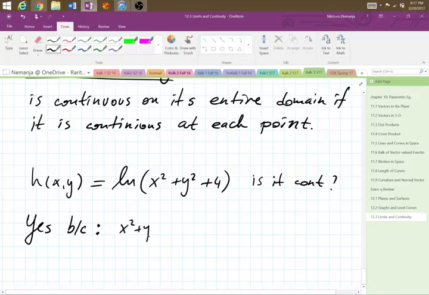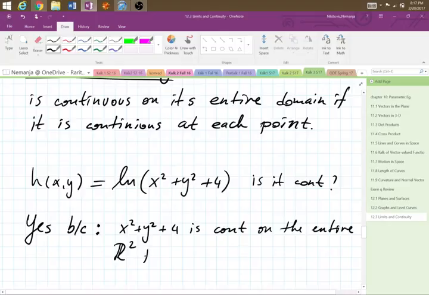X squared plus y squared plus 4 is continuous on the entire R squared plane.